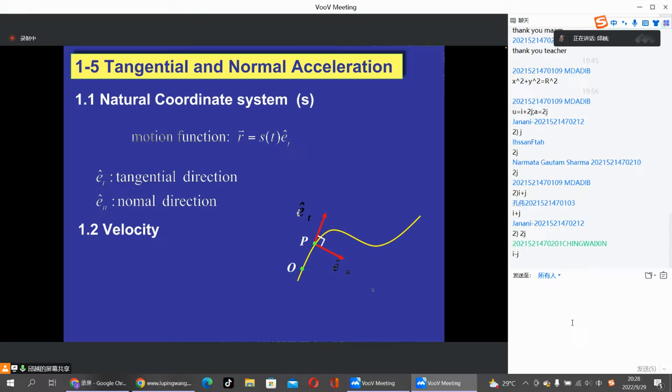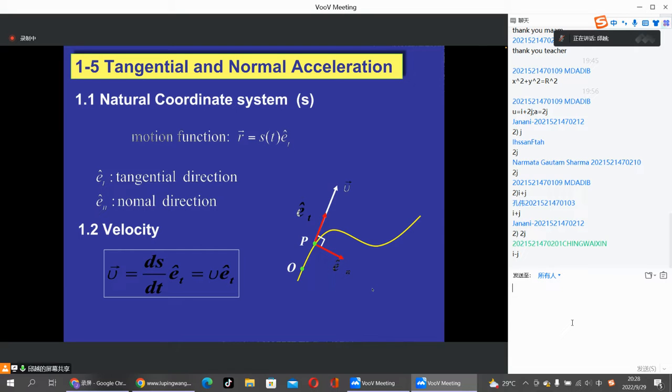And we have another vector en, always normal to the tangential direction.